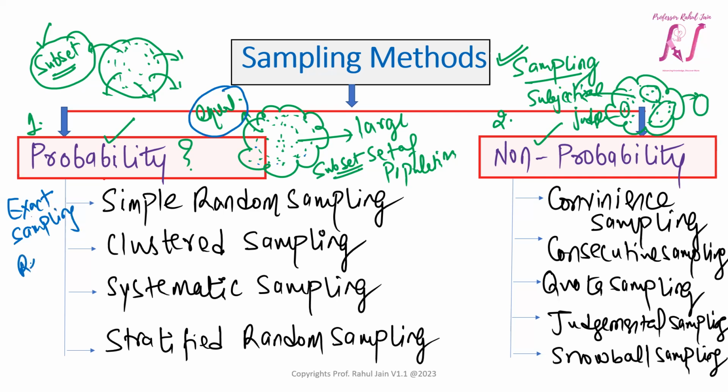So the results would be unbiased, and that is going to give me an exact result over the large population set. But if we are choosing some individual entities on the basis of subjective judgment, definitely the study would be somewhat biased.